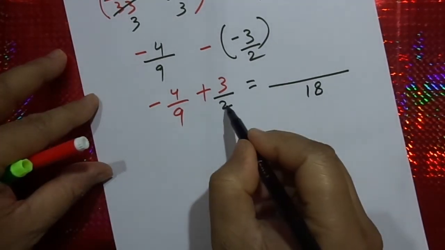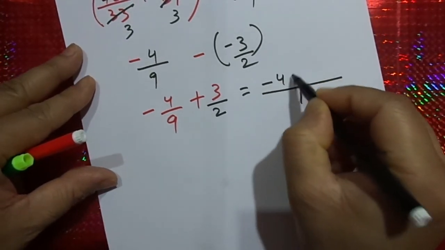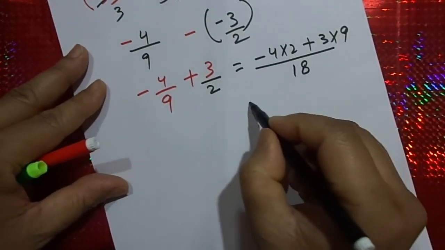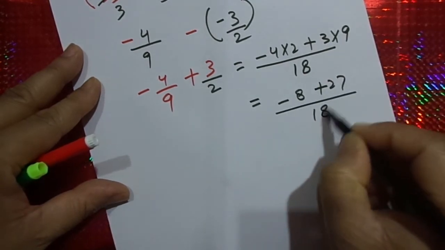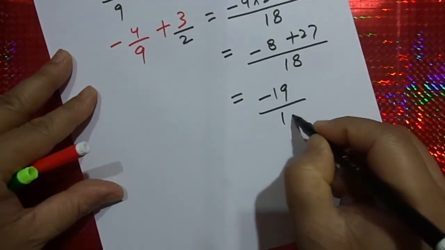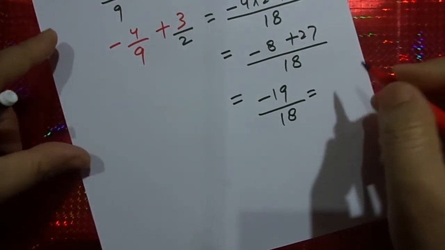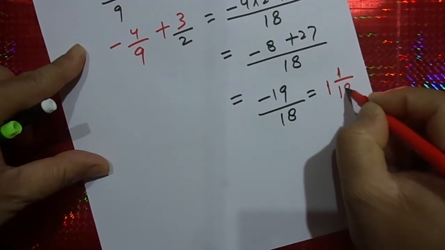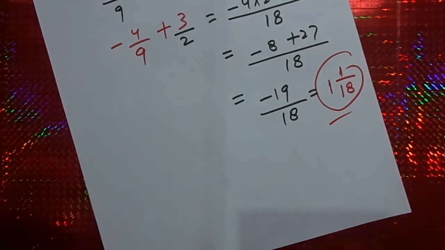Because both are co-prime numbers. Therefore, minus 4 into 2 plus 3 into 9 will be equal to minus 8 plus 27 by 18, which is equal to minus 19 by 18. Can you convert this into a mixed fraction? Of course you can. Minus 1 and 1 by 18 is your final solution.